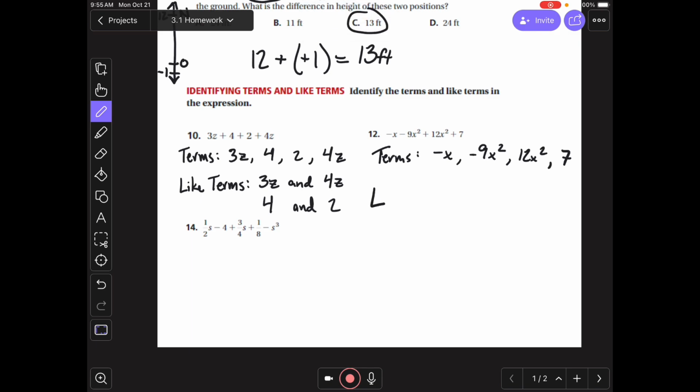My like terms end up only being two of them, right? The only two that match are these squared x terms. All right, I'll use the little ampersand sign. Those are the only two. X, there's no other x's, and 7, there's no other constants, so I'm good.